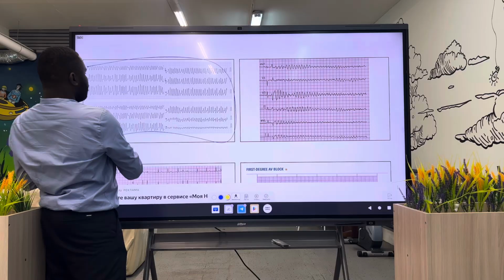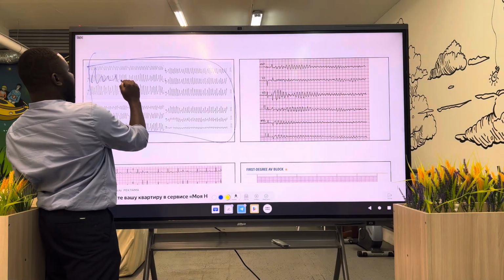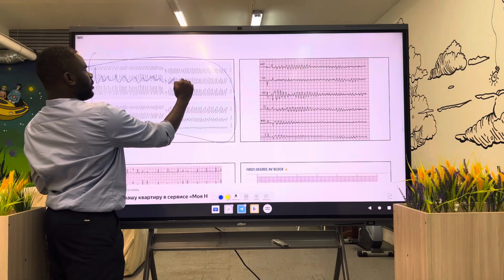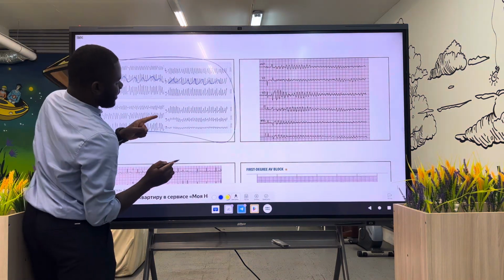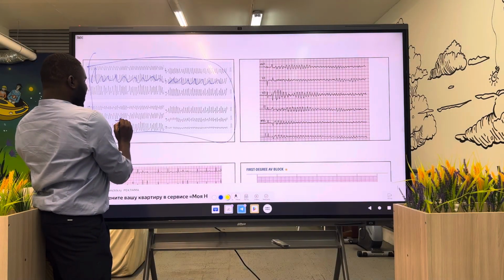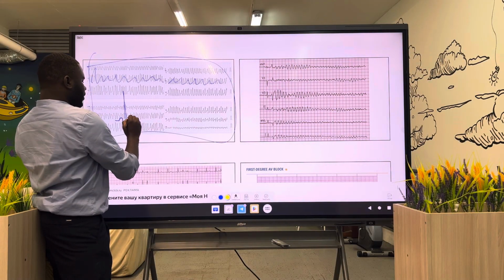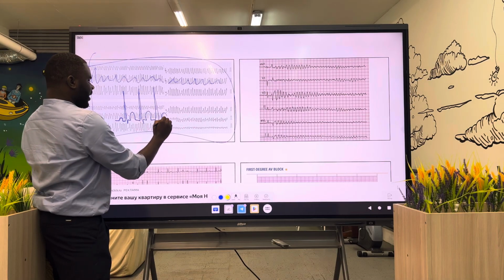This case also, obviously, we can see that we have multiple contractions like this. Don't confuse this with SVT because a lot of people might do that. For SVT, we have a T wave and then this contraction, you'll be seeing something under the T wave. You get it, right?